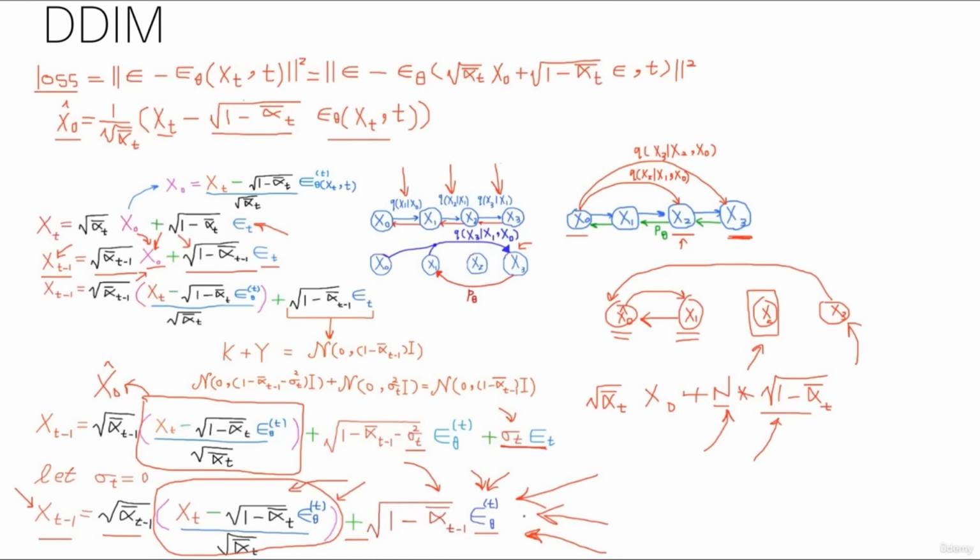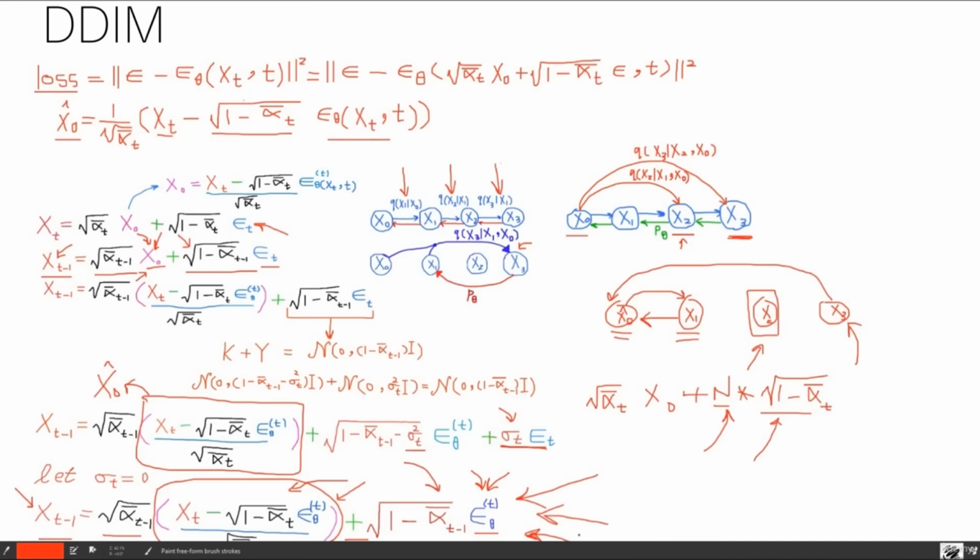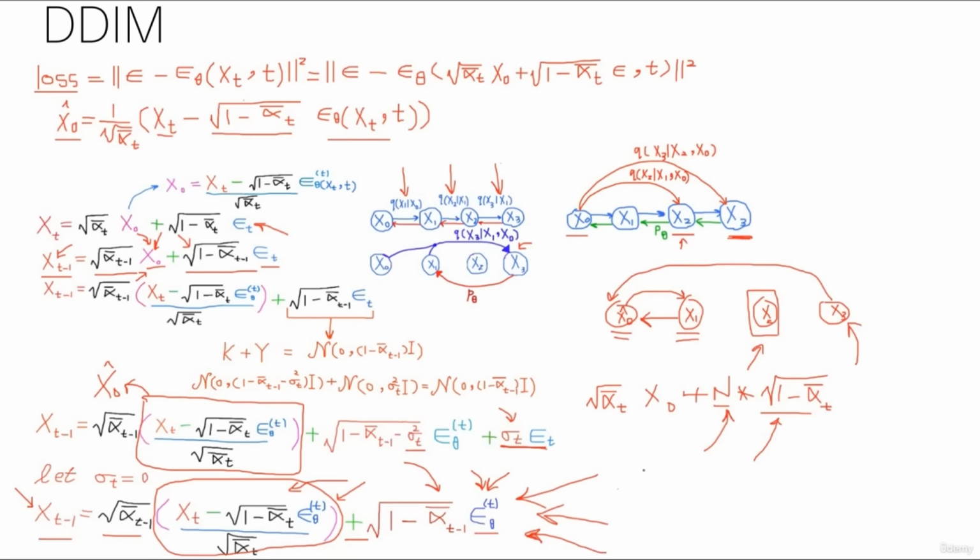But in DDIM, the most important thing is that we will not add noise, so the generation process is deterministic. Which means if you start with a specific noise and do the reverse diffusion with the DDIM model, you will get, of course, an image.